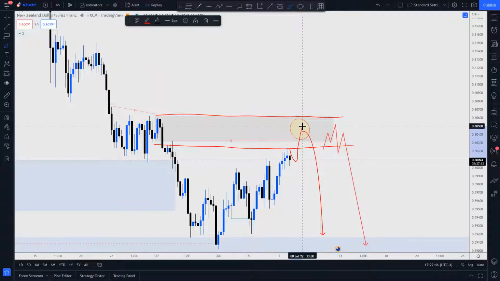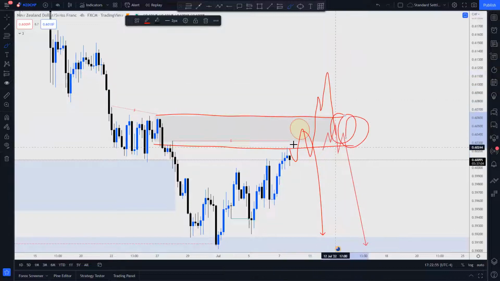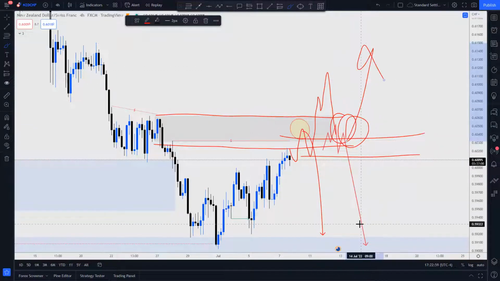If price breaks, gives the reaction, and then passes through, I'm looking for price to come back and take that demand zone, and we're going to go higher so we can facilitate that higher time frame retracement, because we'll have another supply to demand flip.